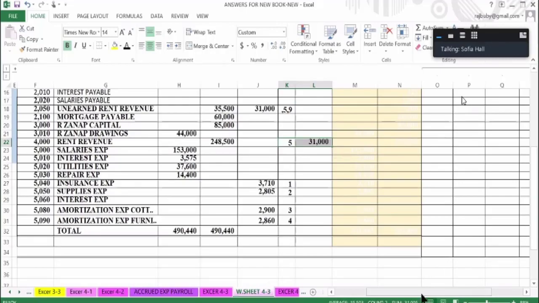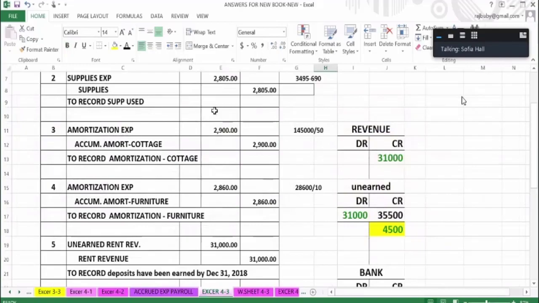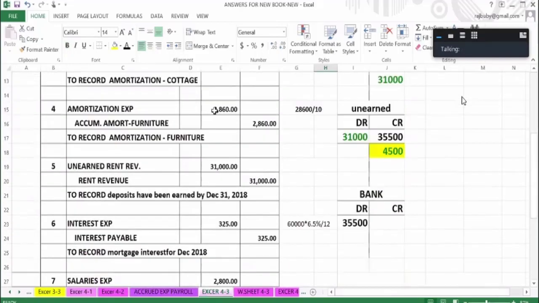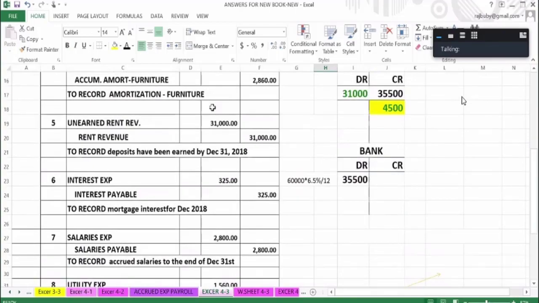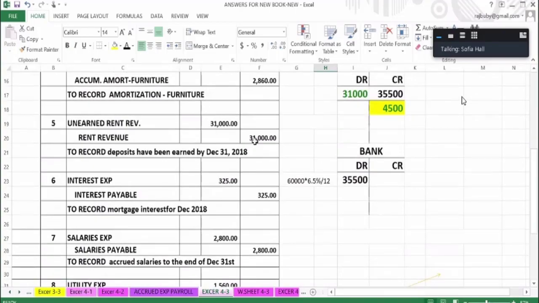Yeah, because 31,000 we earned, 4,500 we are going to leave it. 31,000 we earned. See, this is the transaction. That is going to the revenue account, decreasing from unearned revenue 31,000. 4,500 you will see the answer after you adjust.